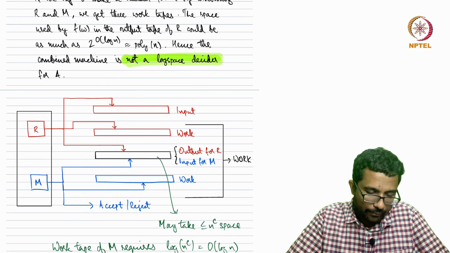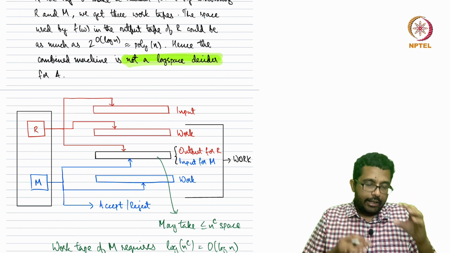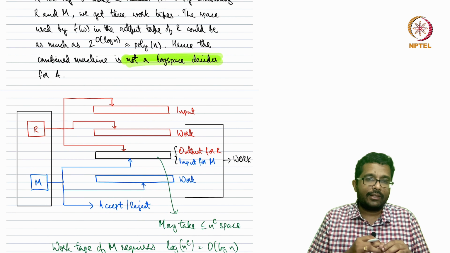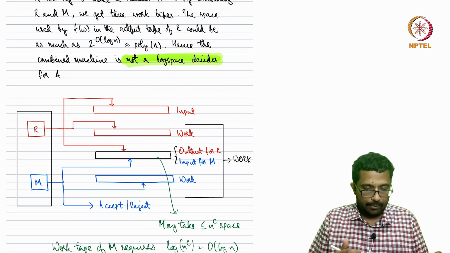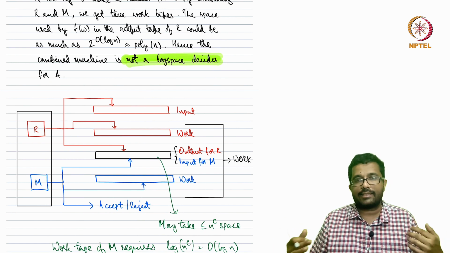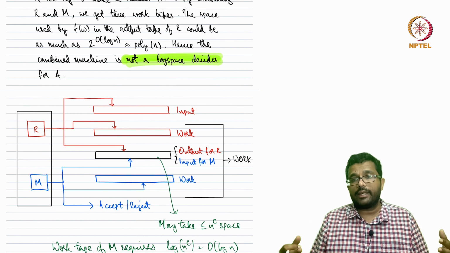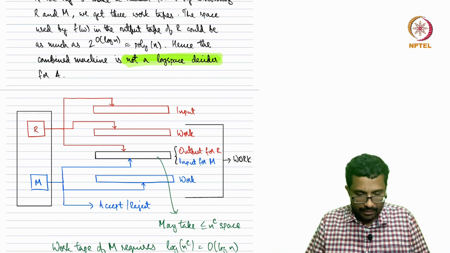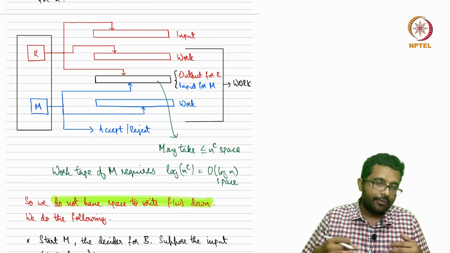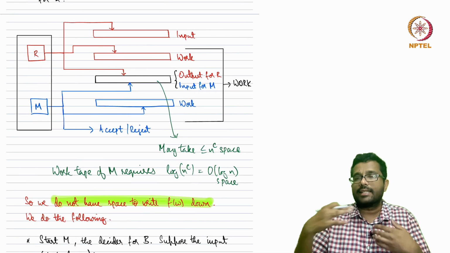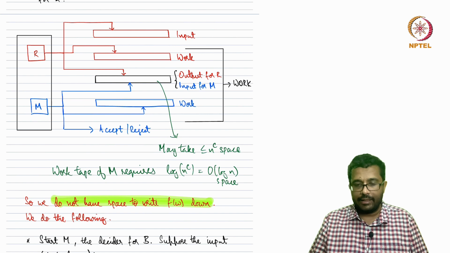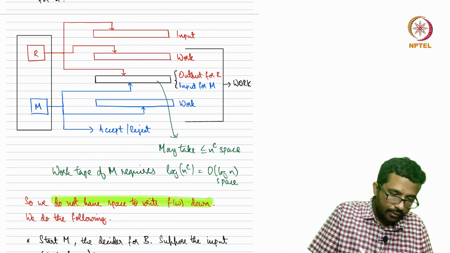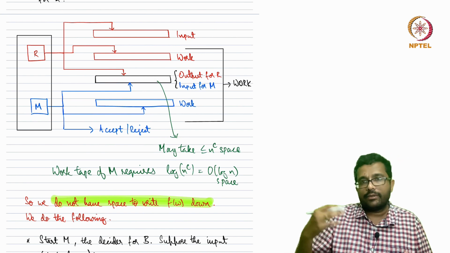Then we noted that we cannot simply combine a logspace reduction machine and a logspace decider to get a logspace decider, because the output of the logspace reduction machine could be polynomial in size, which is too big. But instead, we explained the idea that instead of writing down the entire output, we compute the output on the fly, whichever symbol is required.